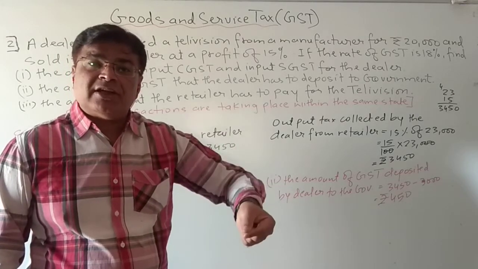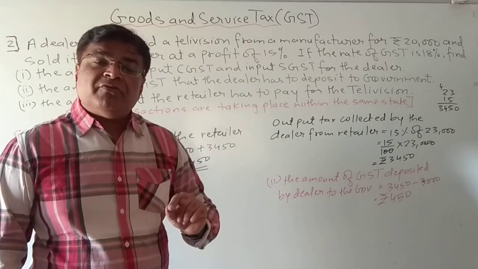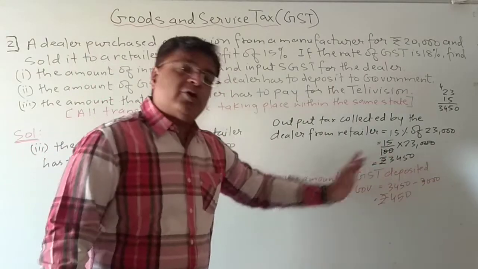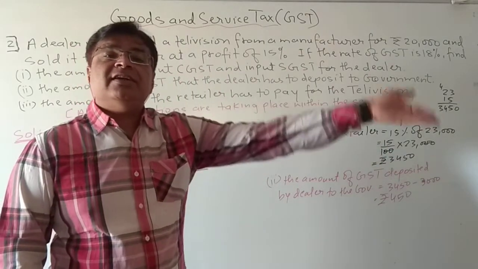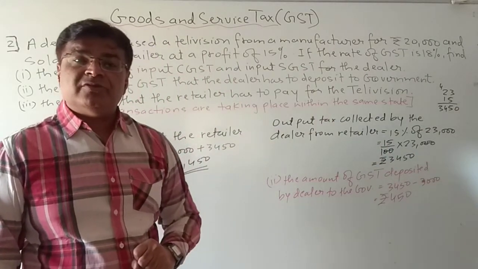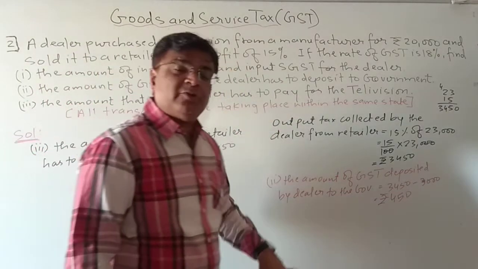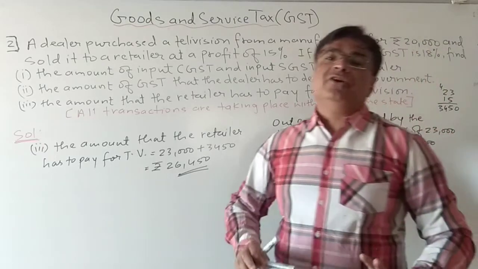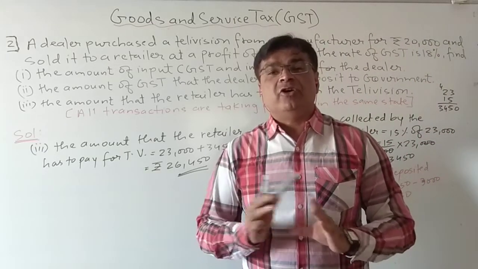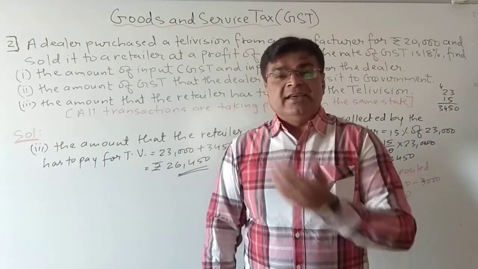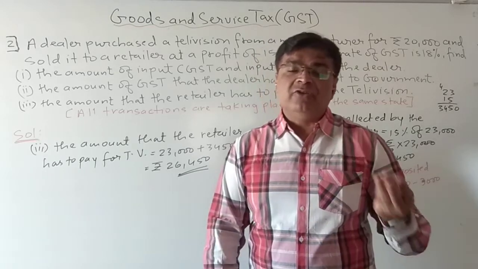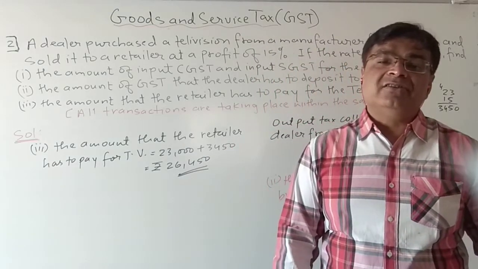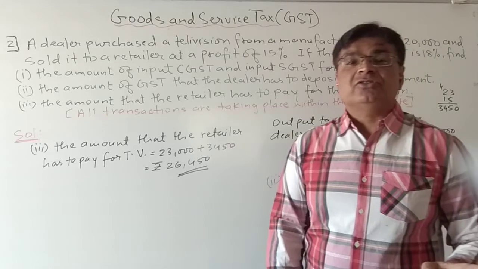So now students, in this case, see, the dealer has spent 3,450 as a tax that he has given from his pocket. Now from where will this dealer collect whatever tax he has paid? He will take it from the customer. So students, in real life also you can see the person who is the end user of the product is the one who is paying all the tax. In this transaction you can see manufacturer, dealer, trader, they are not getting any kind of loss.